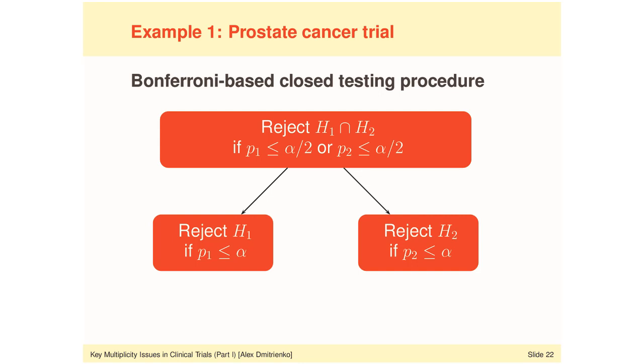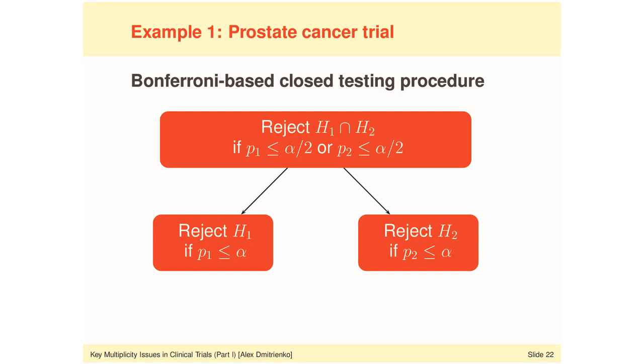But if we now move up to the large box at the top of this diagram that corresponds to the intersection between H1 and H2, we now are dealing with 2 null hypotheses. And therefore, we need to apply an appropriate multiplicity adjustment within that box.